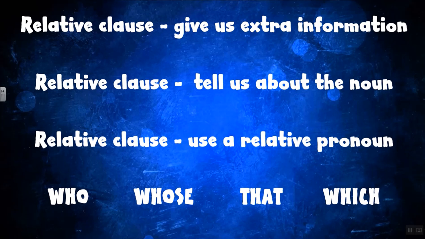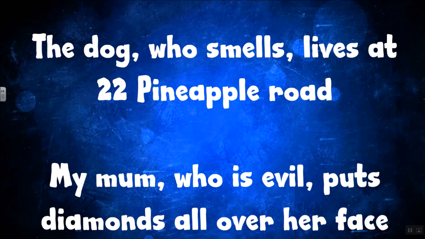Relative clauses give us extra information. Relative clauses tell us about the noun. Relative clauses use a relative pronoun: who, whose, that, which. The dog who smells lives at 22 Pineapple Road.